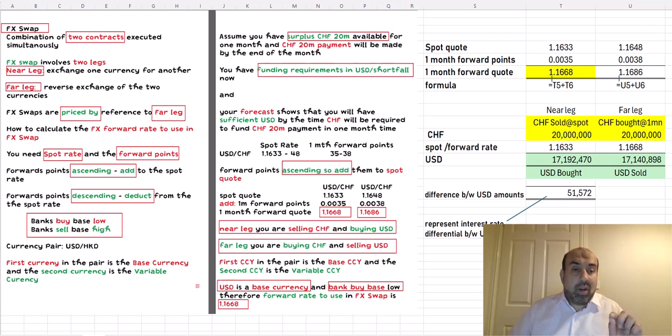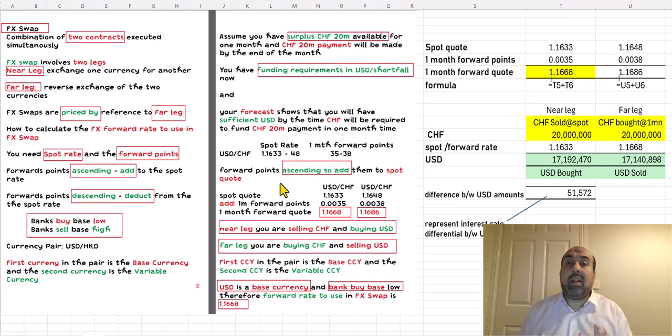We are given one currency pair, US dollar HKD. As you can see, US dollar is mentioned first, therefore US dollar is the base currency and HKD is the variable currency. In our example of US dollar and CHF, US dollar is the base currency and CHF is the variable currency.